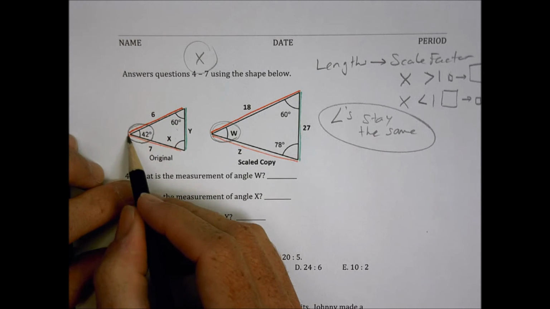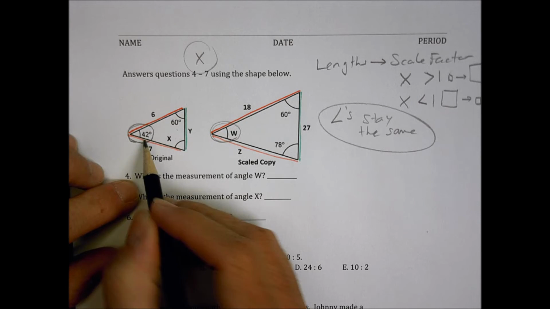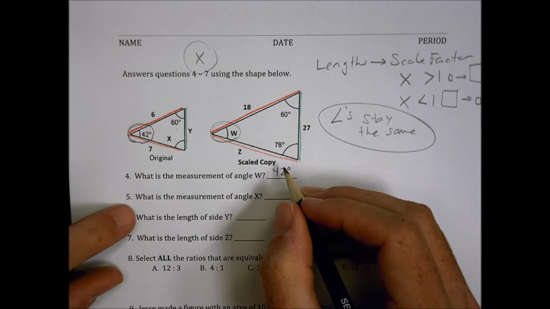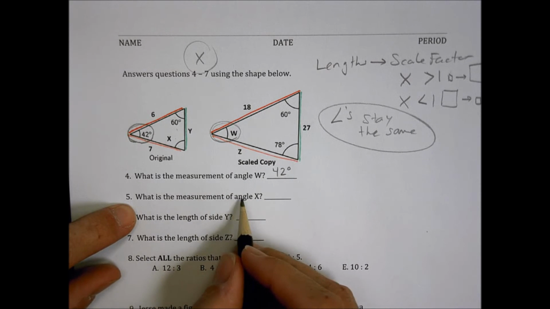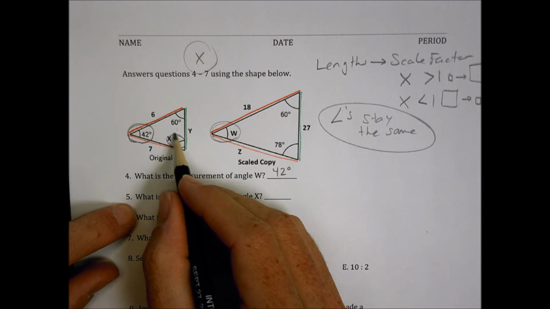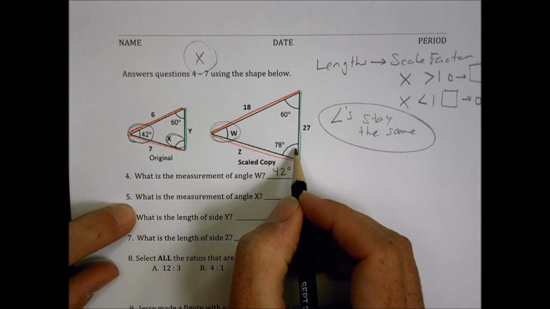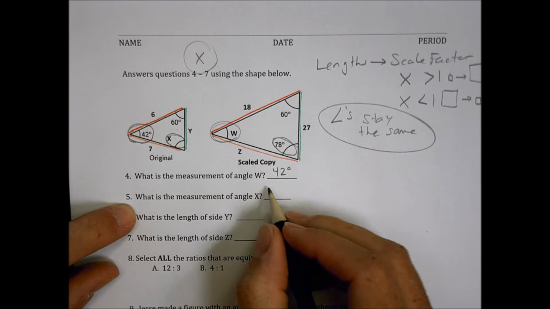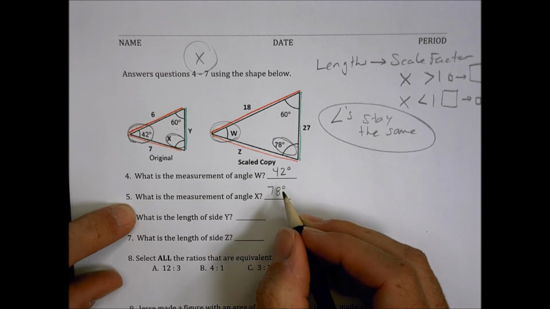When we look at that triangle, it says 42. So we write down 42 degrees. Number 5. What is the measurement of angle X? Angle X is right here, in this space. That's our angle X. And it's going to correspond to this one right here, which it says is 78 degrees.